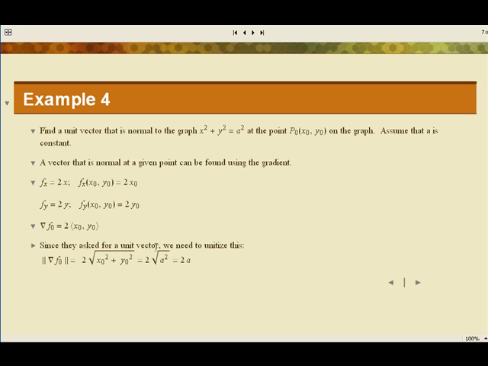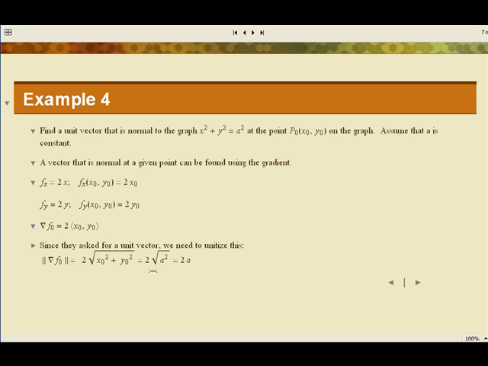Since they asked for a unit vector, we'll go ahead and unitize. The magnitude of this gradient is going to be 2 times the square root of x naught squared plus y naught squared. Really, this is the same as a squared from the original formula. So x squared plus y squared is a squared, no matter what the x and y are. Anything on this graph is going to give us a squared for that.